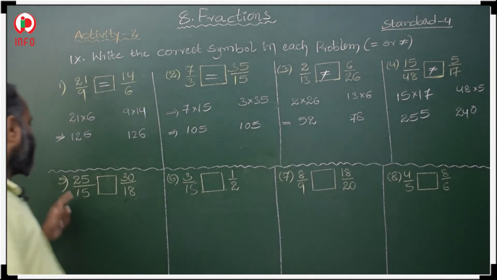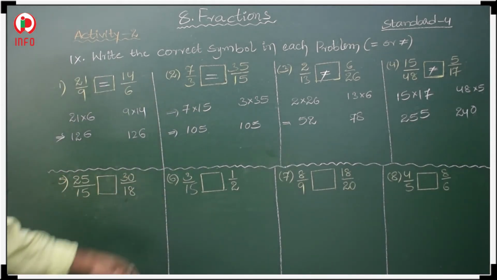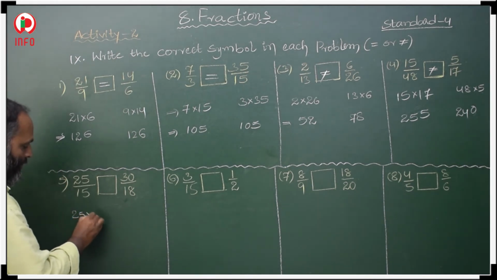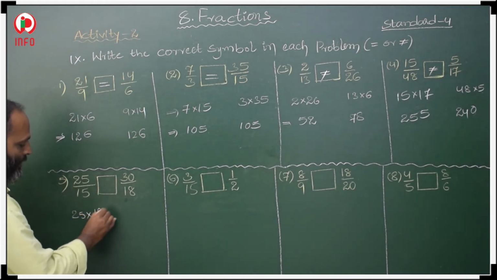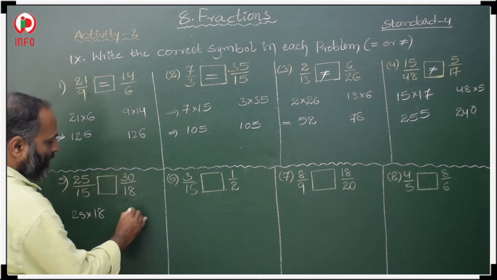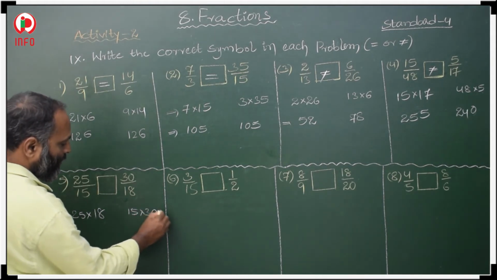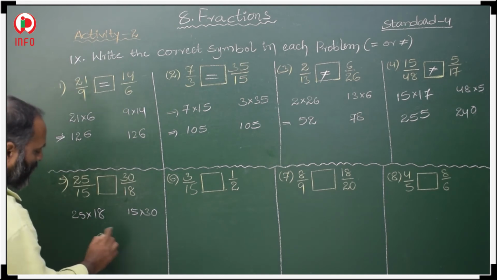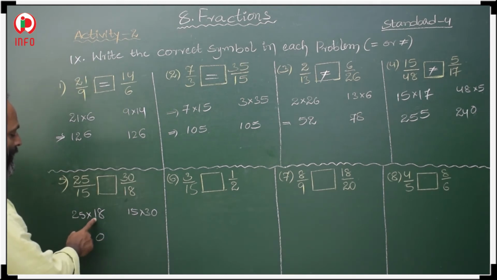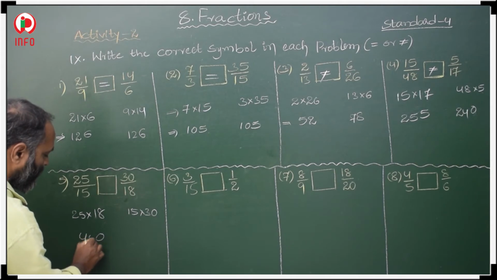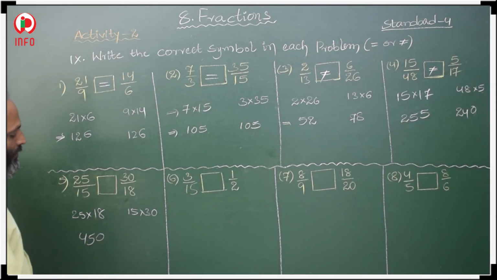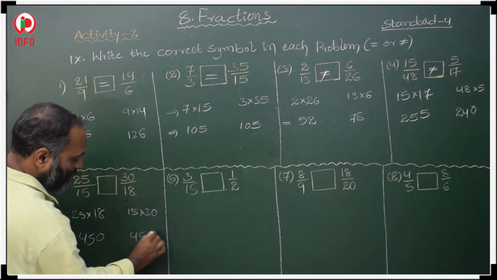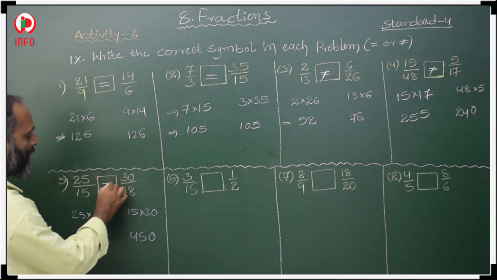Now here we have to cross multiply the first fraction numerator with the second fraction denominator, and the second fraction numerator with the first fraction denominator. 25 times 18 is 450, and 15 times 30 is 450.